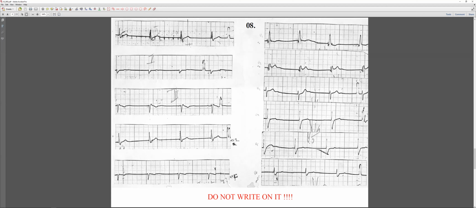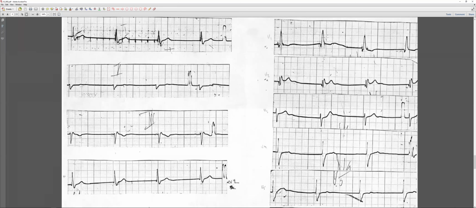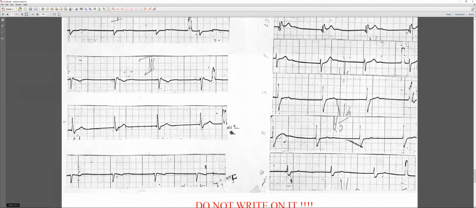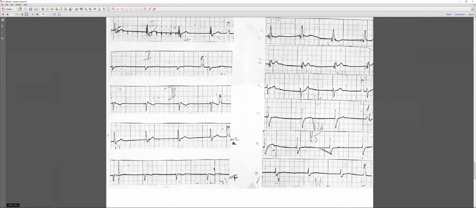The axis is... Lead 1 is positive and AVL is positive. AVF is the next one you have to look at. Negative.